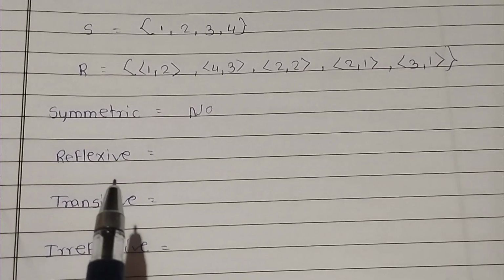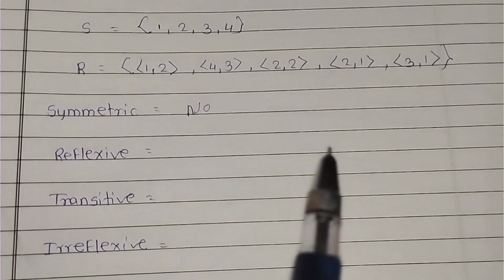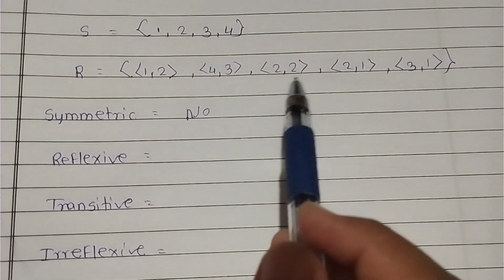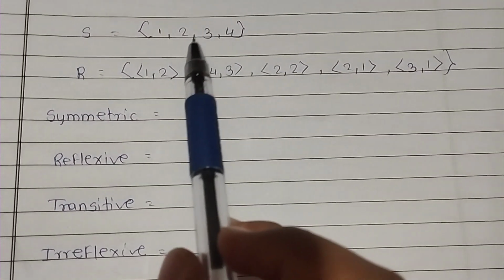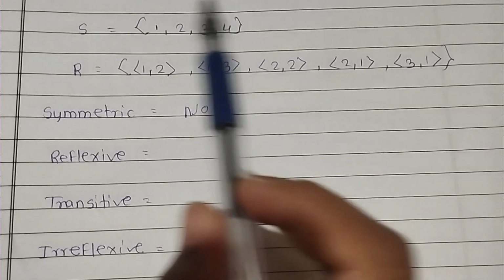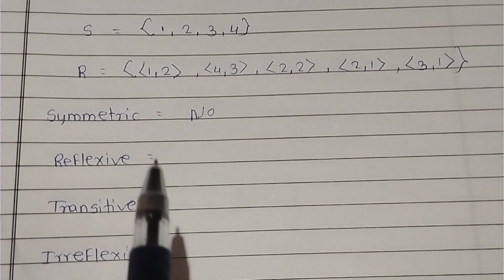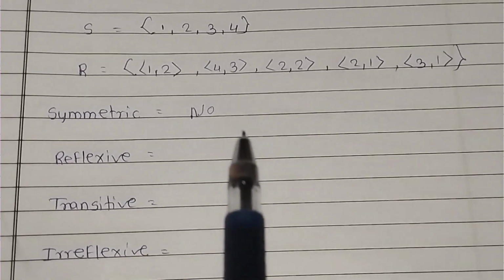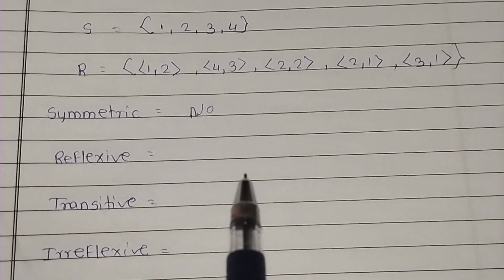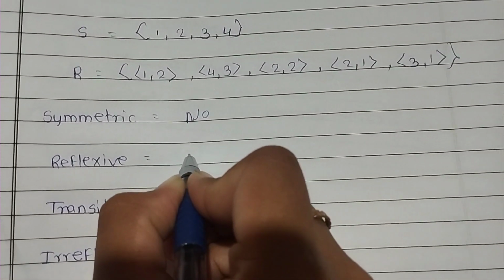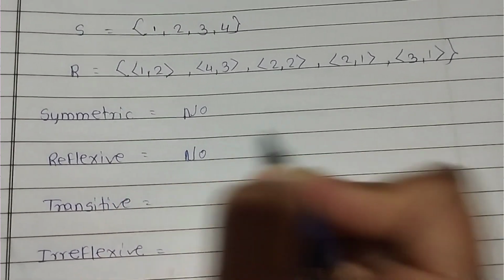For reflexive we want 1 1, 2 2, 3 3, 4 4. But here only 2 2 is present, not all four. For the reflexive condition we want all elements of the set in the form x x, so the given relation is not reflexive either.